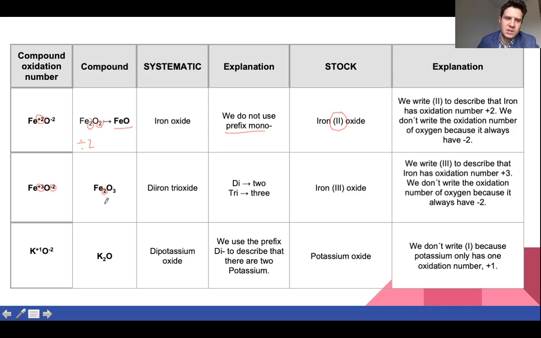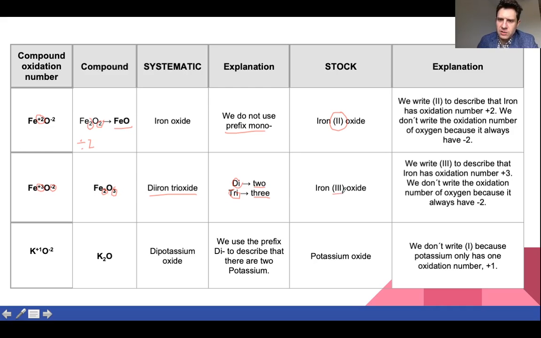So, the iron oxide, which means that di has 2 and tri has 3, of course: diiron trioxide. Sorry, I don't remember if I said it properly the first time.